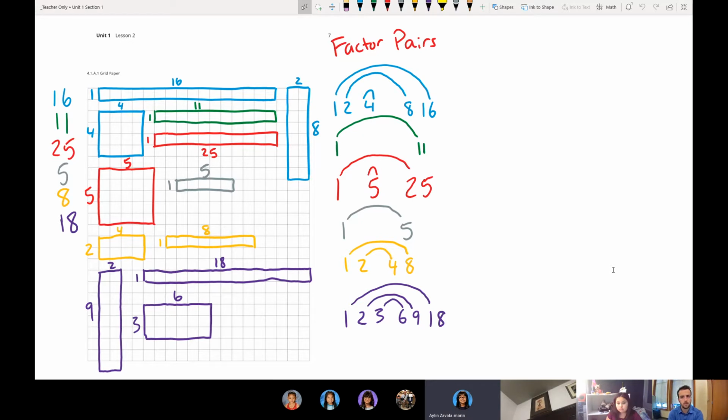I noticed that some rectangles are wider and some are not. Okay, so we have this 1x16 up top that is really short, flat, and really long, whereas we have a 4x4 that's square here.